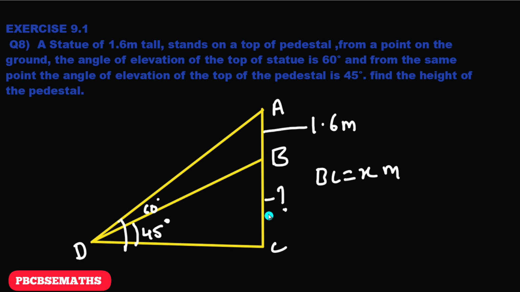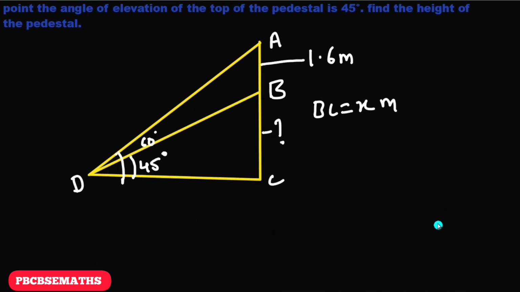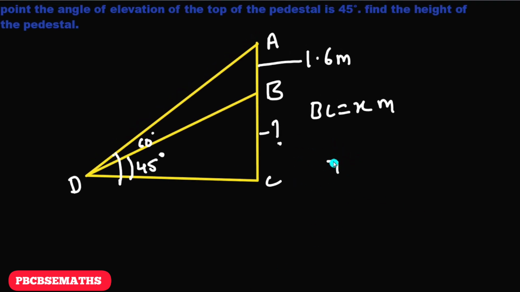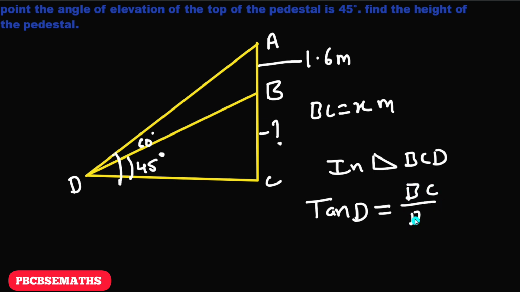Let's consider the right angle triangle BCD and try to find the value of DC. In right angle triangle BCD, let's use tan theta here. Tan D is equal to, if we consider this as theta, then BC becomes the opposite side and DC is the adjacent side. So we know that tan theta is equal to opposite by adjacent. So we can write tan D is equal to BC by DC.